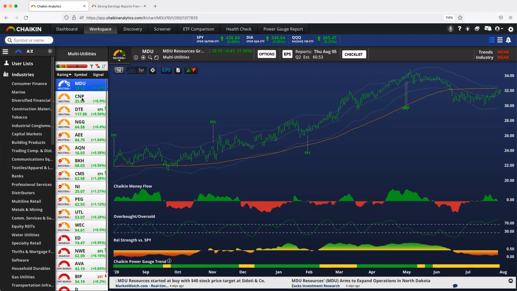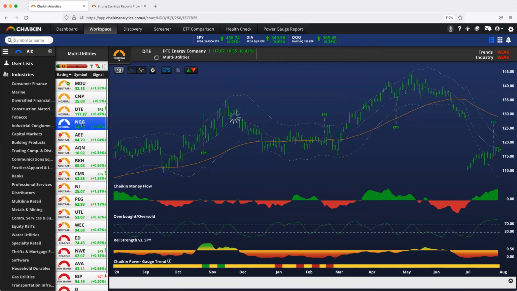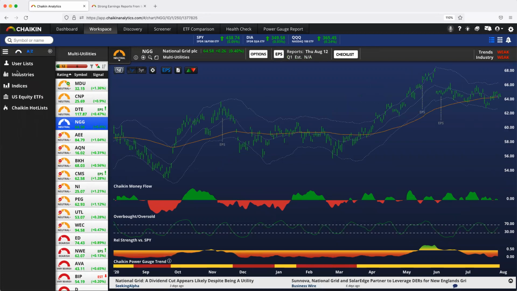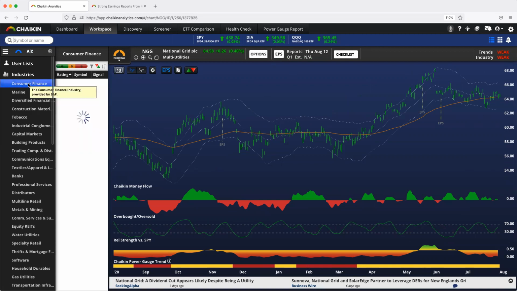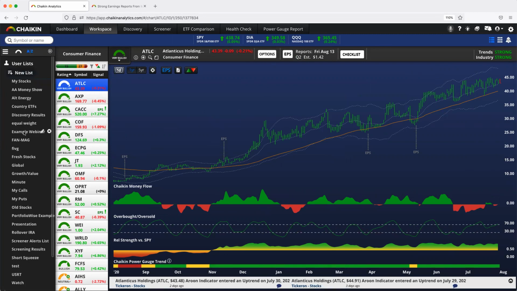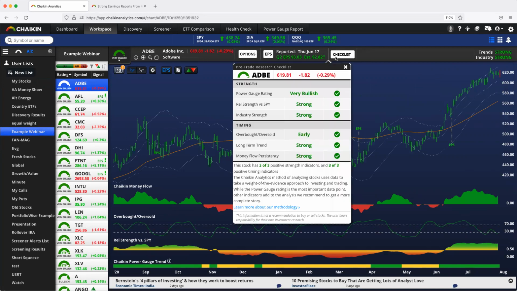Every single one of these stocks is part of the multi-utilities group. I already know that every one of them is going to say weak industry, right? Much the same way that I know every one of these in consumer finance at the top of our list here is going to say strong industry. You know it automatically. And that will match up perfectly with what is listed here for industry strength as well.